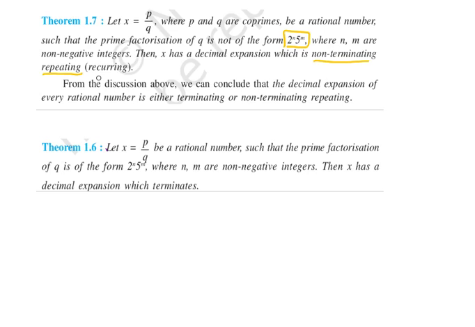Now, if the denominator does not have only the product of 2 and 5, and along with these any other number is coming in the denominator, then this kind of decimal expansion will repeat. Suppose 3 by 7 or 3 by 70.